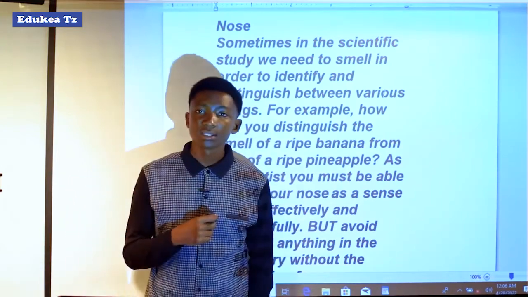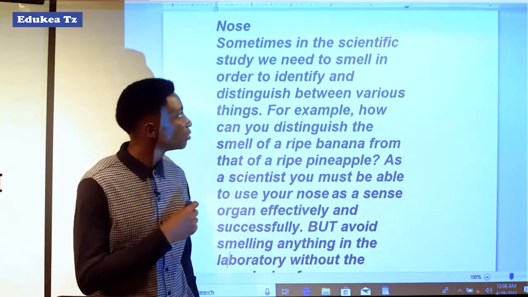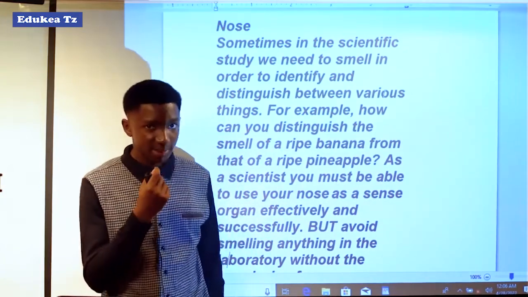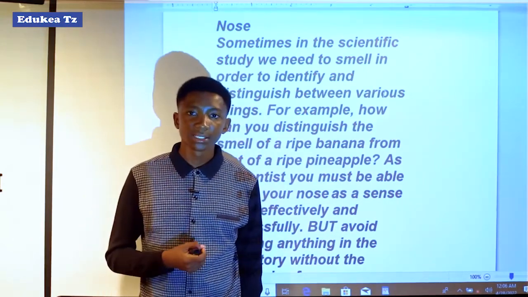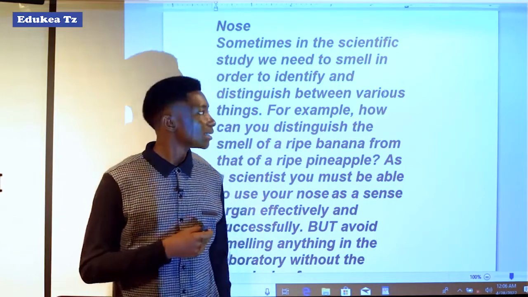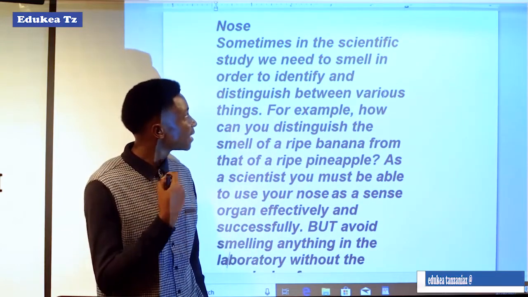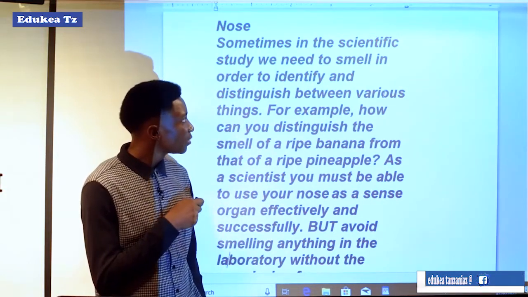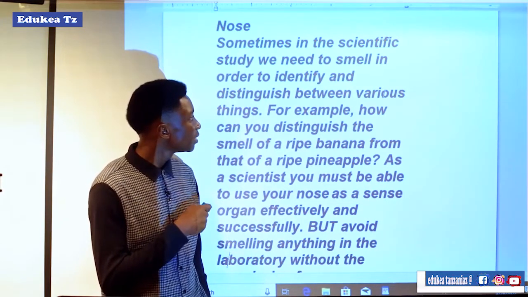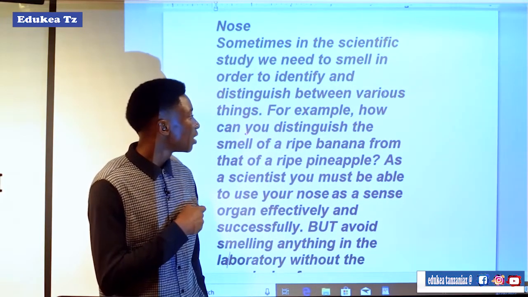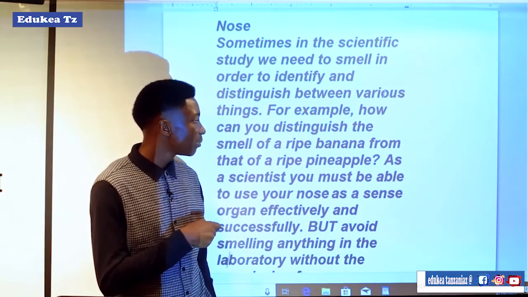The nose is the sense organ used to smell the various smells. For example, how can you distinguish the smell of a ripe banana from that of a ripe pineapple?